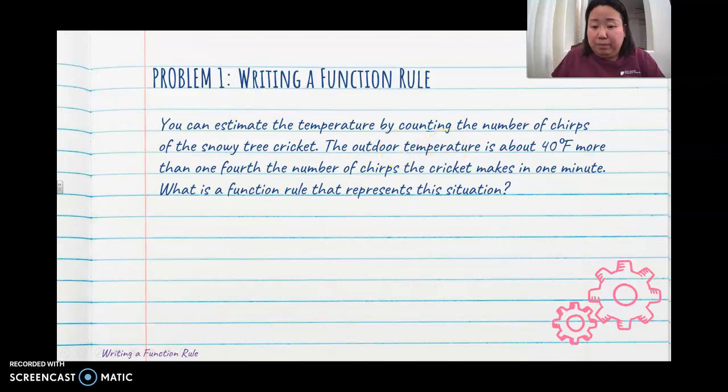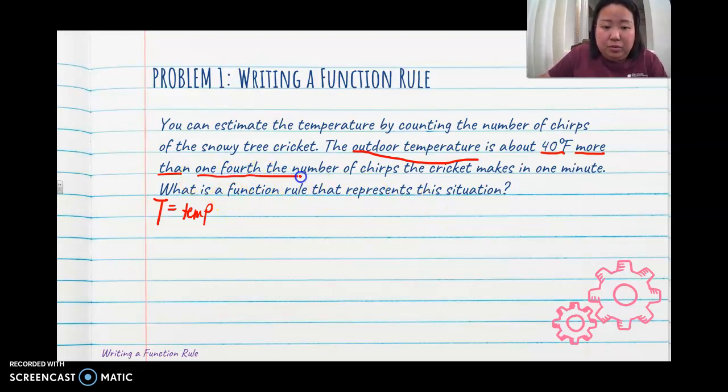This temperature is our T, that's our output, and it is about 40 degrees Fahrenheit more than 1/4 the number of chirps. So 1/4 the number of chirps. Let's say we have C as the number of chirps, okay?